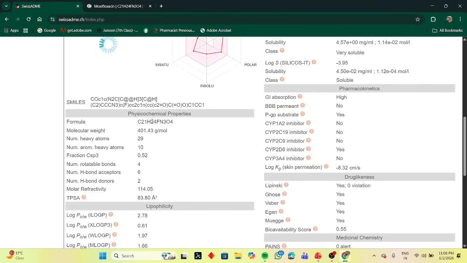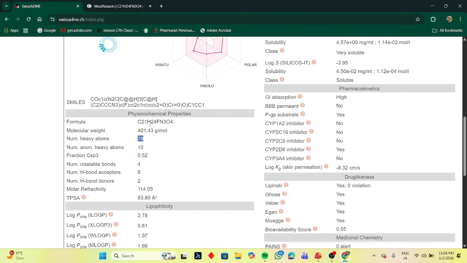Let's just forget the H24. Now calculate: C21 gives 21. Fluorine is also a heavy atom, so 22. Nitrogen is a heavy atom, 3 of them, so 23, 24, 25. Plus oxygen is 4, so 25 plus 4 is 29.